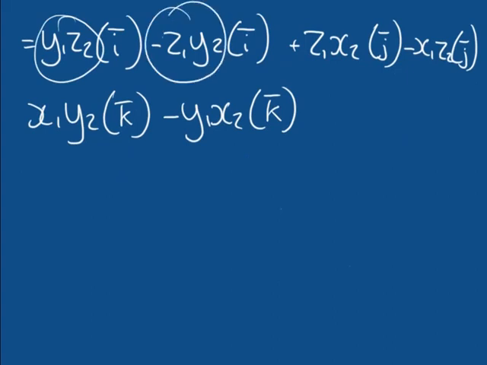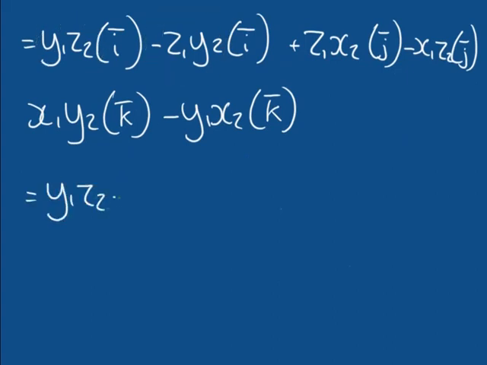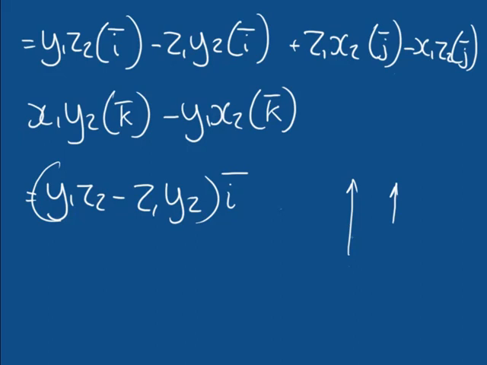Hopefully you can see I could now factorize this. I could put these into parentheses, so we have y1 z2 minus z1 y2 multiplied by i, because if we had some scaled value of i and some other scaled value of i and then subtracted one from the other, we'd get the difference between them. That's the same as saying we have this scalar value, subtract the other scalar value from it, and then simply scale our i vector up to that length.